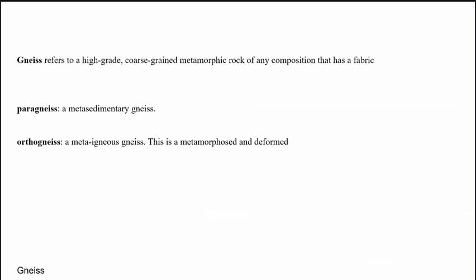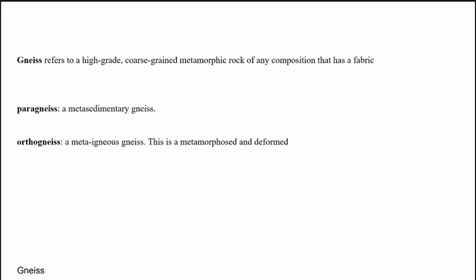So there are different types of gneiss. You have the paragneiss and you have the orthogneiss. The paragneiss are those that form from metasedimentary rocks. Then the orthogneiss are those that have igneous origin.